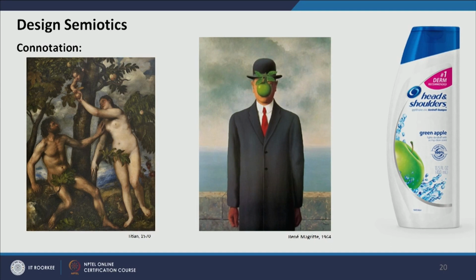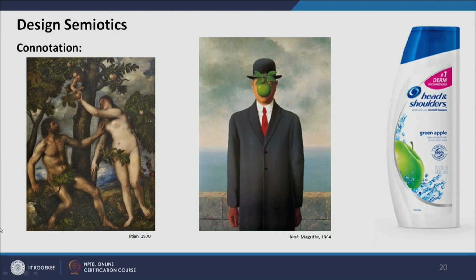But if the apple is in Titian's famous painting, Adam and Eve, that apple has an absolutely different connection, and it tells a different story to us, and if we know the story, then it is revealed to us. And again we have the famous photograph Son of Man.